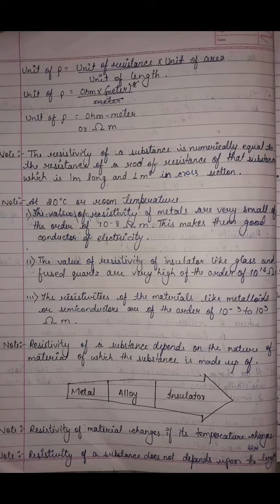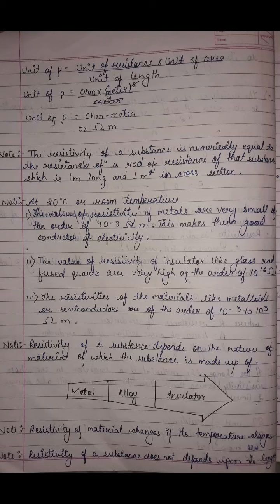At 20 degrees Celsius or room temperature, the value of resistivity of metals are very small, of the order of 10 to the power minus 8 ohm meter. This makes them good conductors of electricity. The value of resistivity of insulators like glass and fused quartz are very high, of the order 10 to the power 16 ohm meter.